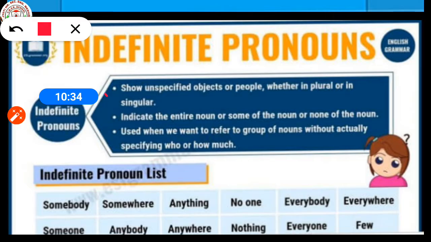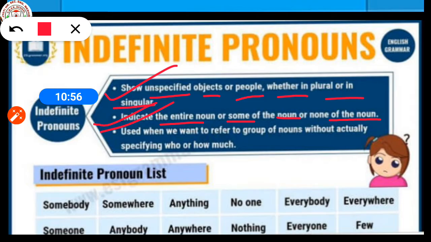So, indefinite pronouns show unspecified objects or people, whether in plural or in singular. Indefinite pronouns indicate the entire noun or some of the noun or none of the noun.